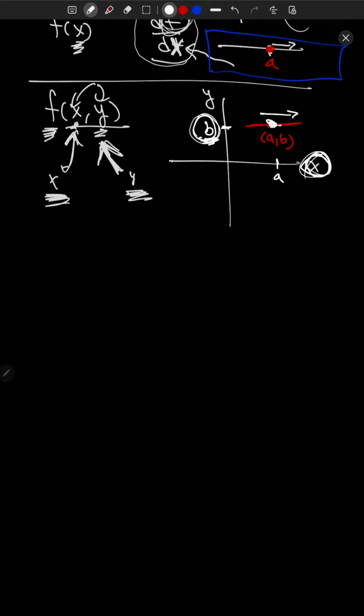So then what we can see is we have actually a one variable function, right? Because if we look at the values of f as we travel along this line, the values that we're going to be plugging in are going to be f of something. Like we said, x is changing, comma, but y is always b.